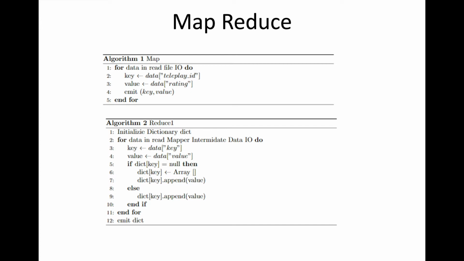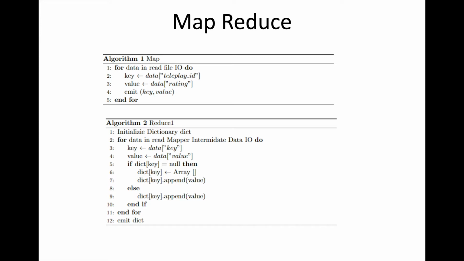For example, when the reducer receives the ID 1, it will first initialize the key, which is 1. And the dictionary for this key 1 will be initialized with an empty array, and the array will be used to store all the values. The array can store both the values and the number of the values.